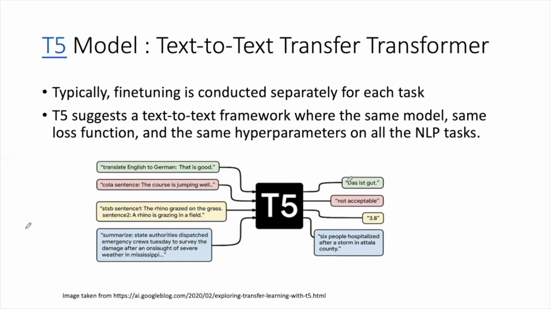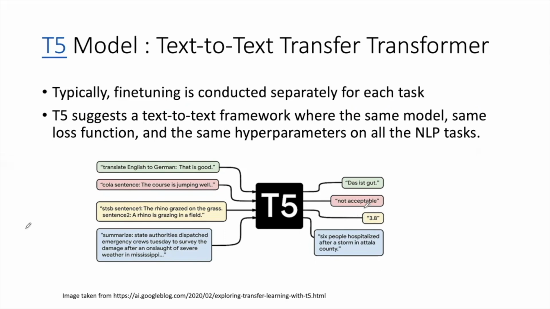To achieve this, they propose a formulation where we have the same loss function and same hyperparameters on every task. The way they do that is, both the input and the output are treated as strings. Let's say we have a use case where the output needs to be a real number.